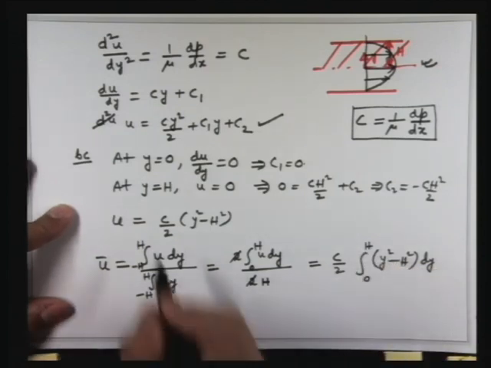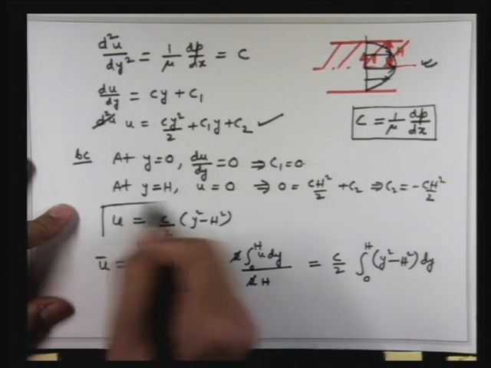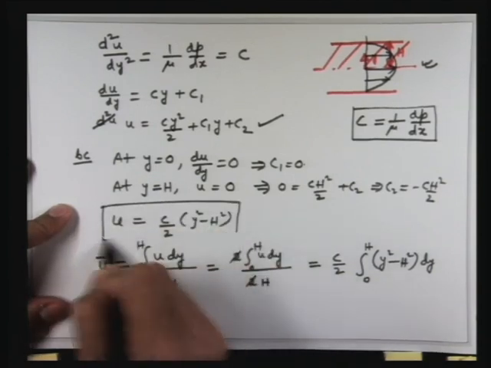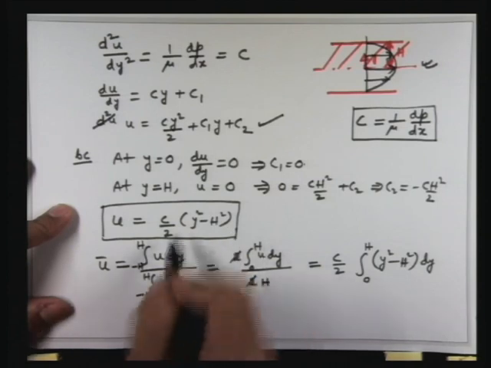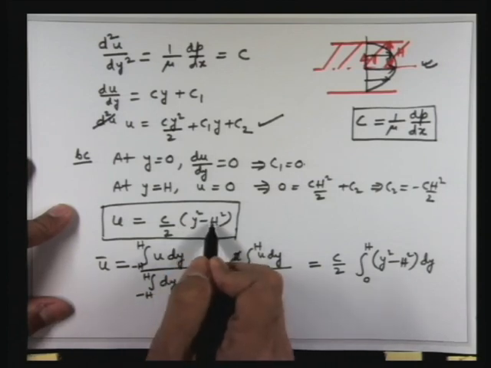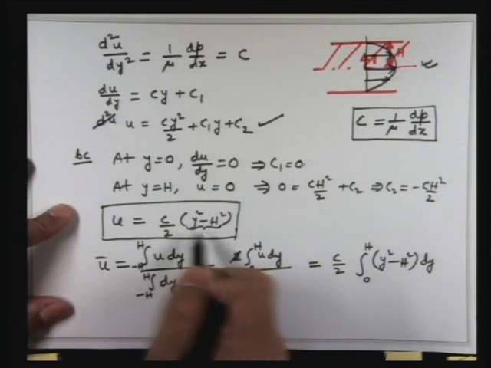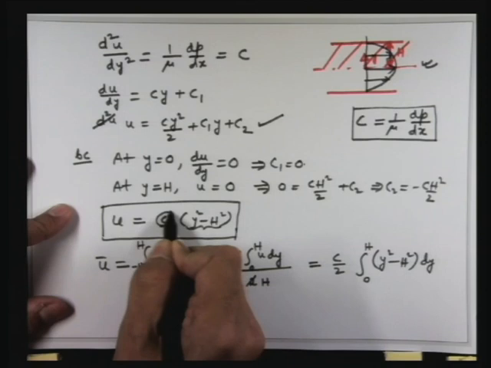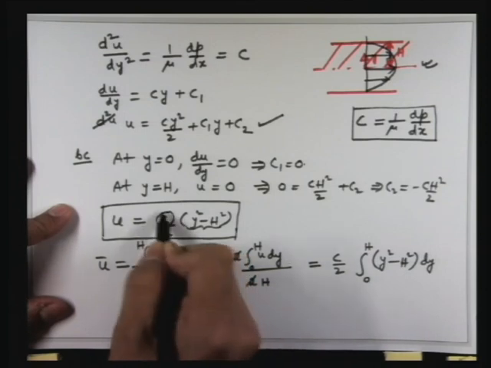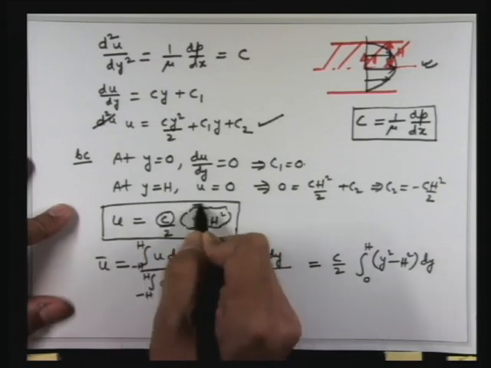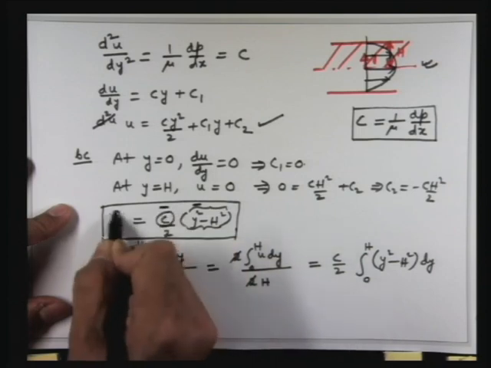One important observation about the velocity profile, and it is an elusive observation, is that y square minus h square, because y is less than h, maximum y is h, this term is negative. But actually c has to be negative, so this is negative, to make u positive.